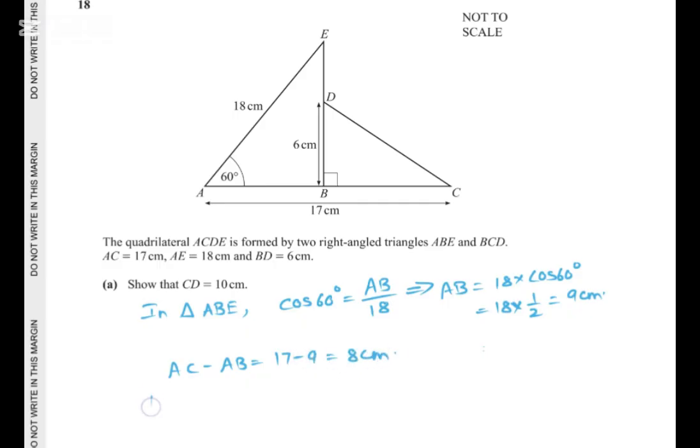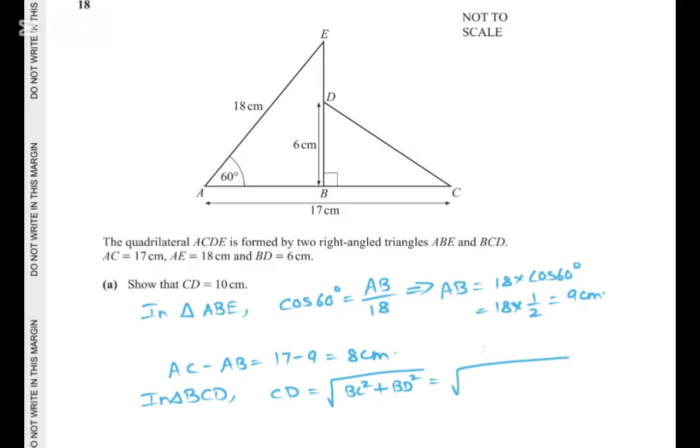Now in triangle BCD, we need to find CD, the hypotenuse. Using Pythagoras theorem, CD is equal to the square root of BC squared plus BD squared.